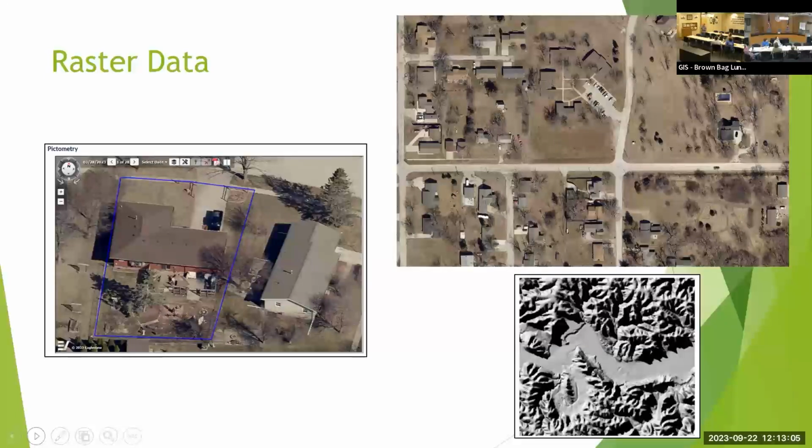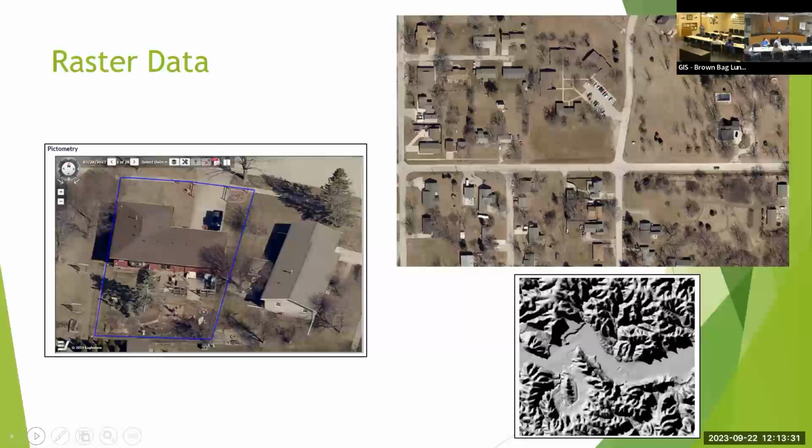And then the lower right is a DEM, I believe, which is a digital elevation model. So each of those pixels, instead of storing an RGB value, like a color to make a digital photo, it's storing information about the elevation. So, how high is it? How steep is it? When you're looking at a traditional photo, like in the upper right, you can kind of see elevation, maybe not though.